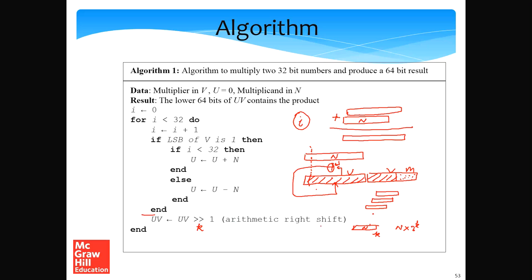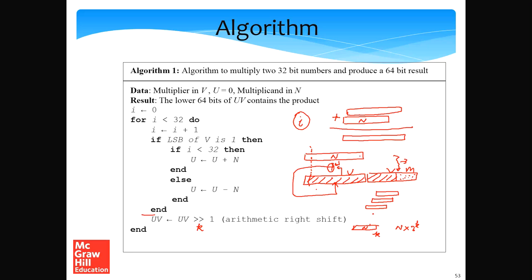Here we are doing the same thing, but we keep changing the baseline and moving it to the right. So it will appear that the multiplicand is first displaced by k steps, then by k plus 1, and k plus 2 and so on, because this boundary is moving to the right.